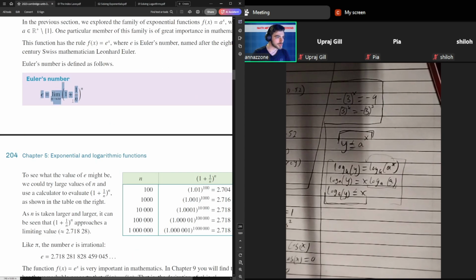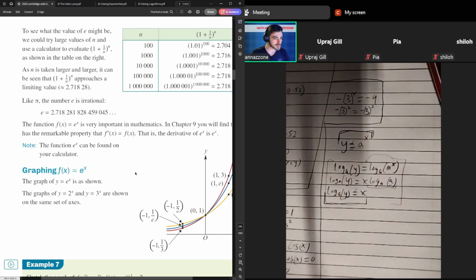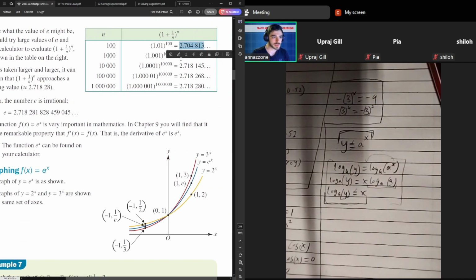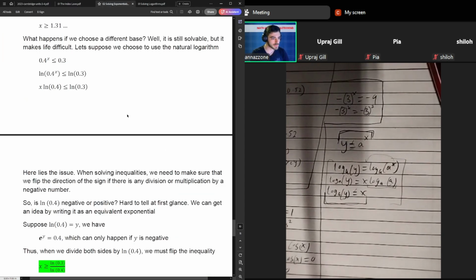It's called Euler's number. That's actually how you pronounce that, I believe. And it's got some math background as to where that number came from. The only thing you really need to know is that it's approximately 2.7. So you can see as the numbers converge closer and closer, it's approximately 2.7. Just like how pi is approximately 3.14. That's really all you need to know about that. Does that clarify what's going on there?